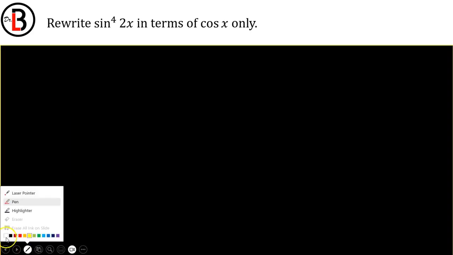Here, you're asked to rewrite sine to the 4 of 2x in terms of cosine only. Let's try this. I can say that this is basically sine of 2x quantity to the 4th power. And then sine 2x is 2 sine of x cosine of x.